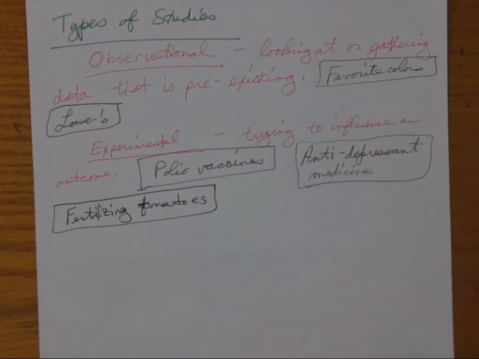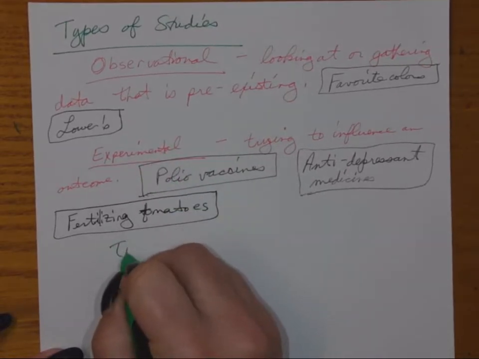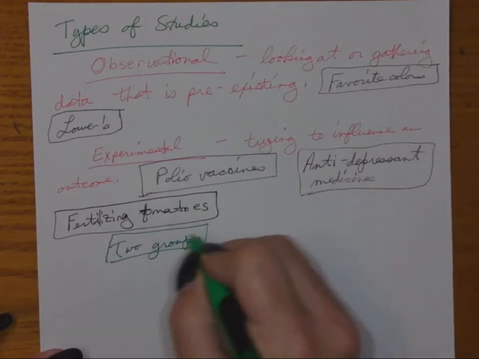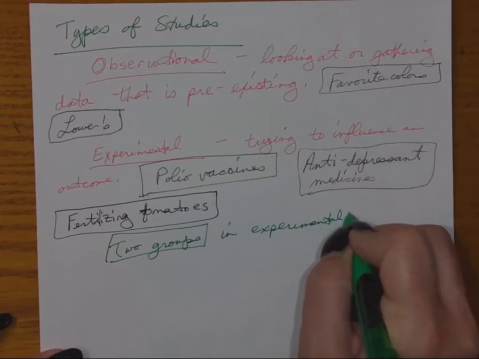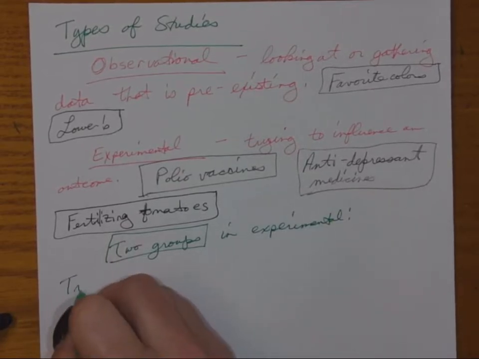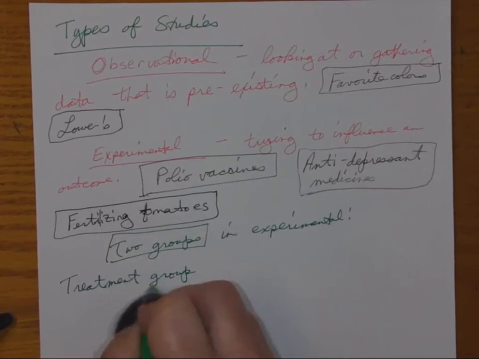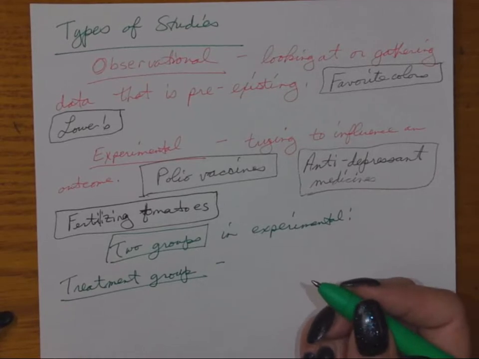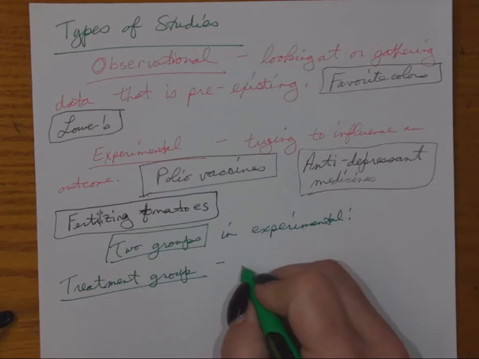So that leads me to the next point of this particular type. In an experimental study, you have two groups. One is the treatment group, and that's the one that I'm actually doing something to, okay? So they get the intervention is what we say.